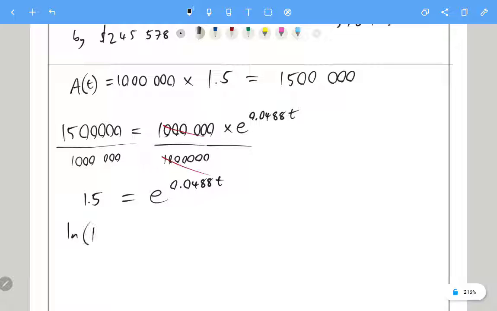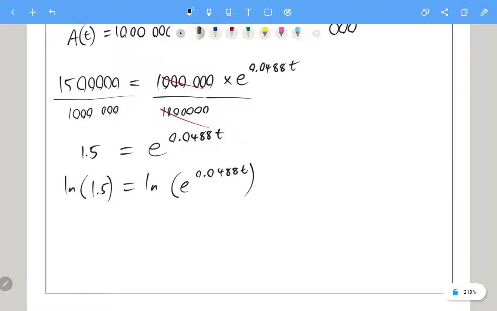Natural log of both sides. And where these cancel, we're left with ln 1.5 is equal to 0.0488 t. Divide both sides by 0.0488.